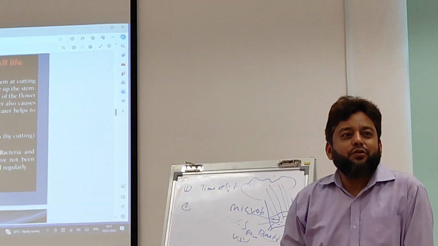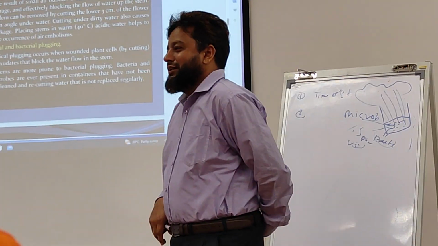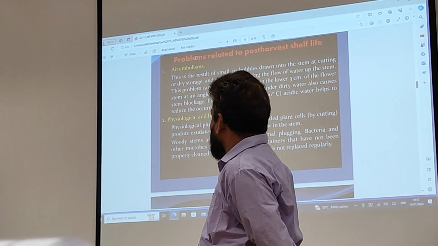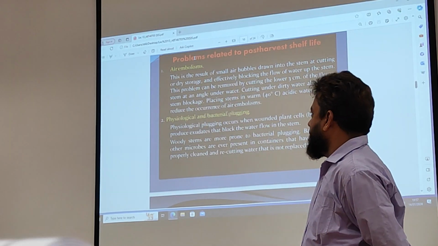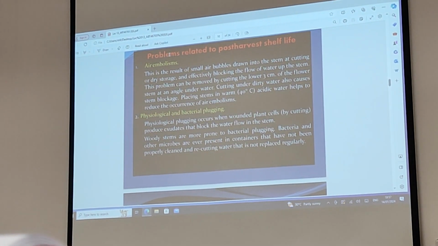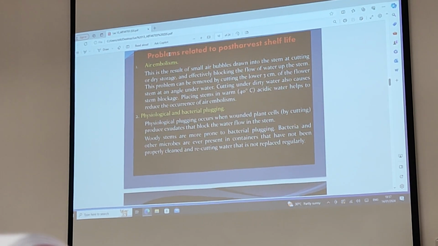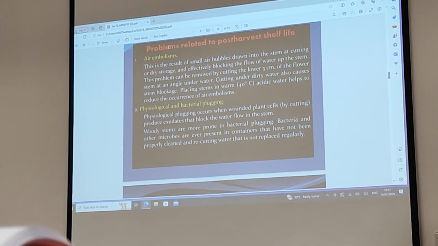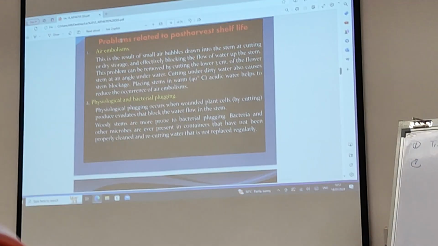Maybe you will find a question about this slide on air embolism. Here we can also see plugging. This issue of plugging can be divided into two groups: one is bacterial, and the other is physiological plugging.